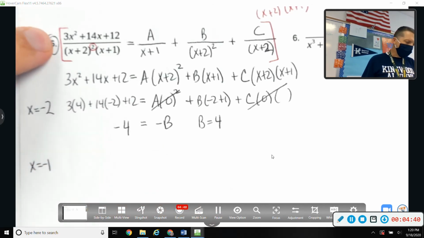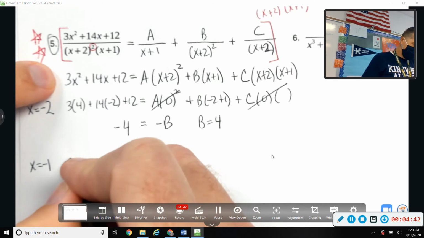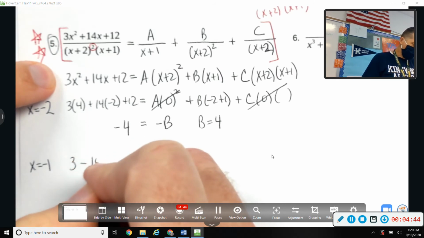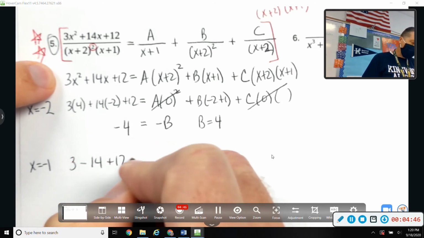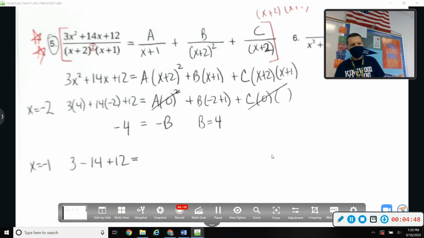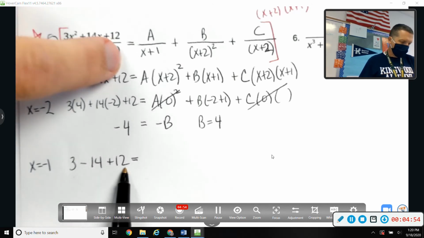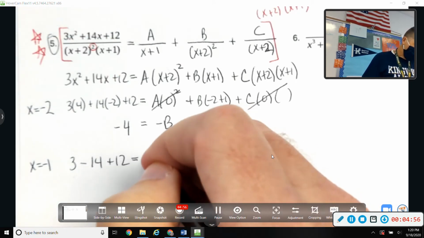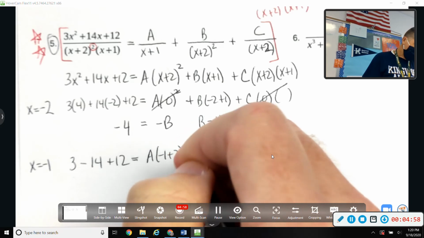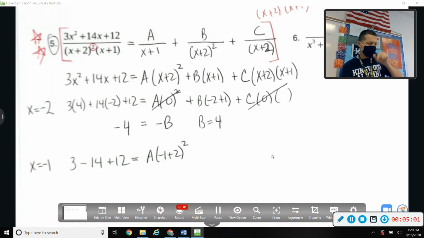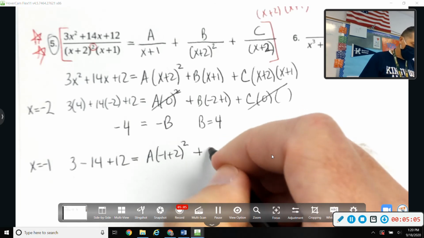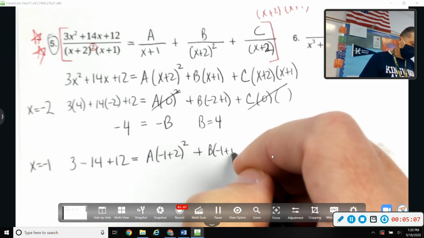Right, for negative 1, we get 3 minus 14 plus 12. Because I can substitute negative 1 and do a little math in my head, save me some space. 3 minus 14 plus 12 equals A times negative 1 plus 2 squared. So that one didn't go away, which means the other's better.